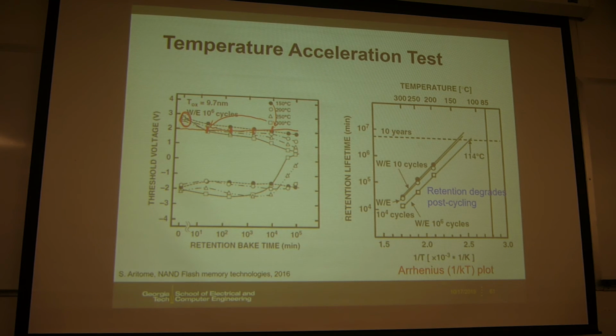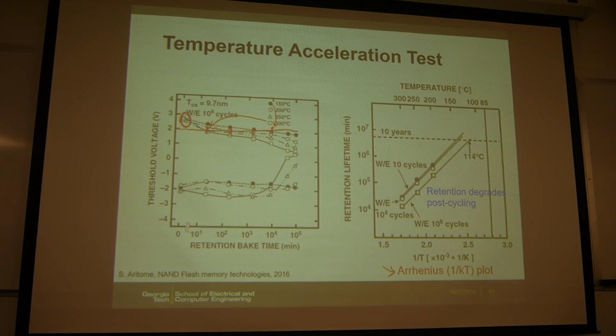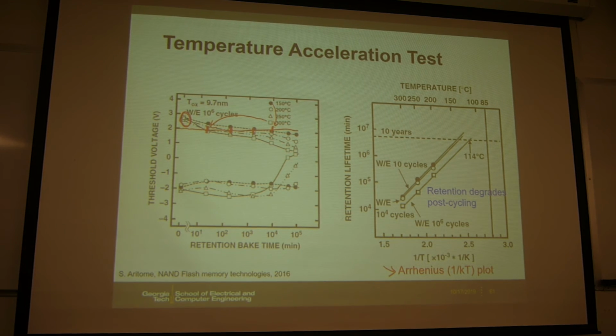Then you need to draw this plot, called the Arrhenius plot, or sometimes we call it the 1 over KT plot. This is because the retention process is governed by the thermal process. If you have any thermal process, then you can always express the retention time as something like this.